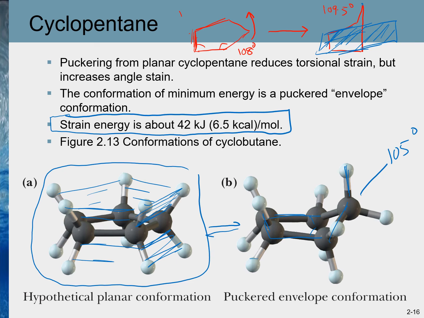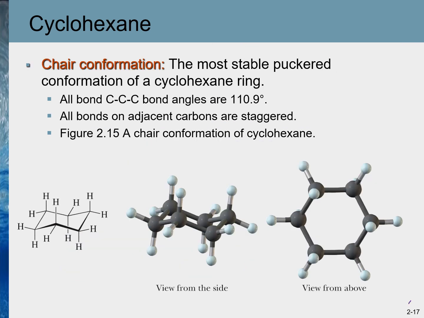It's not that high. Let's discuss the conformation of one of the most important cyclic alkanes, which is cyclohexane. If cyclohexane adopts a pure planar geometry, such as a regular hexagon, the angles will be 120 degrees, which would cause a considerable angle strain.